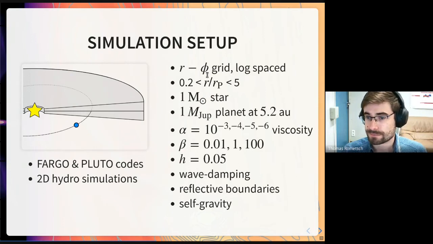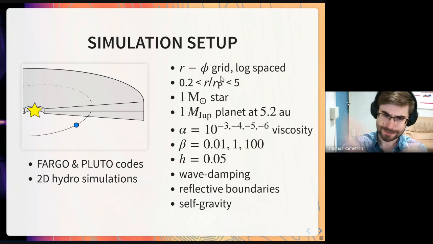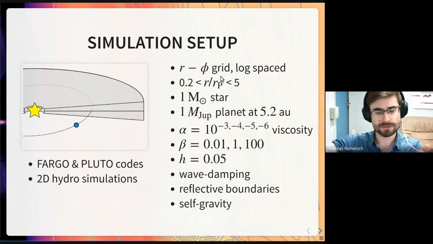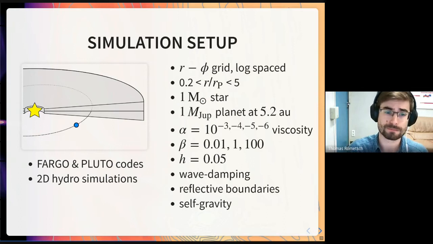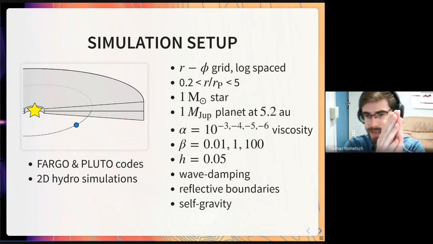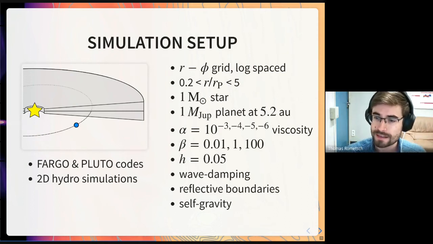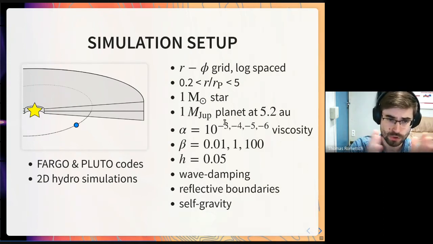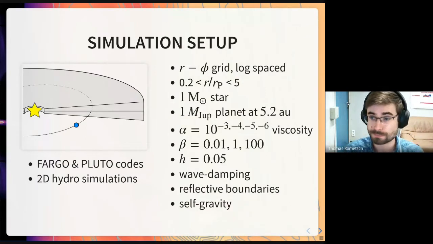And this grid is log space in R, so finely resolved in the inner parts, and coarser in the outer part, which also has good properties for the simulations. Then we span some radial domain, and have a solar mass star and a Jupiter mass planet in there. We have different viscosities, different typical viscosities of the range where they are thought to be.